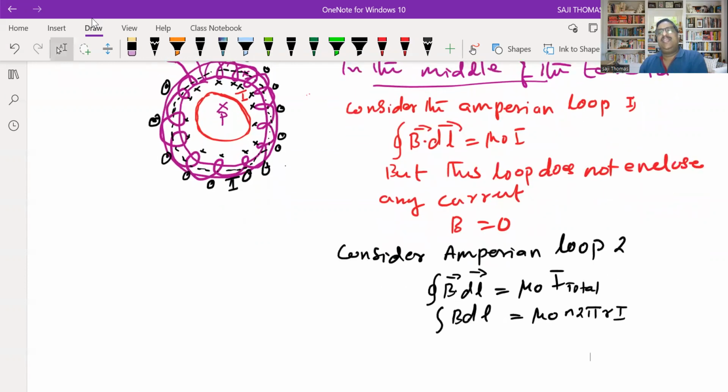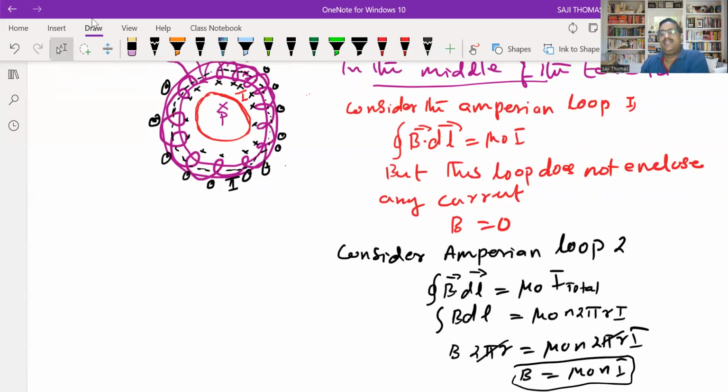And if you integrate dl, you get the circumference only. Total length of the loop is what? Circumference. So B times 2 pi r equals mu 0 n 2 pi r I. You can cancel 2 pi r. So B will be what? Mu 0 n I. So what is the magnetic field in the interior region of the toroid? Interior region means inside that ring.